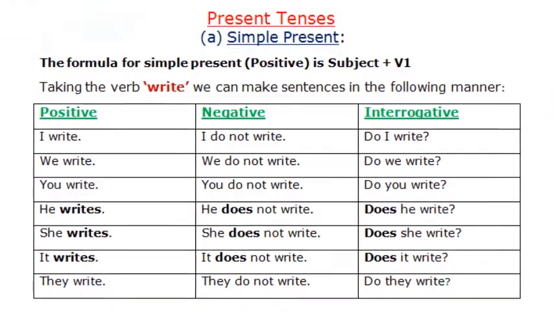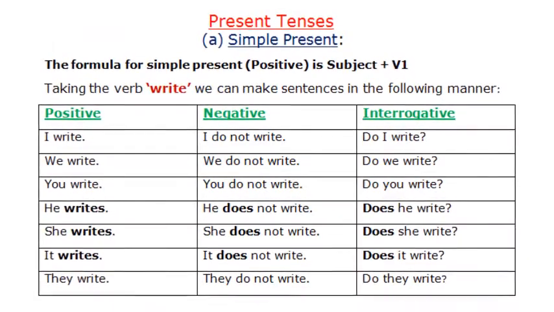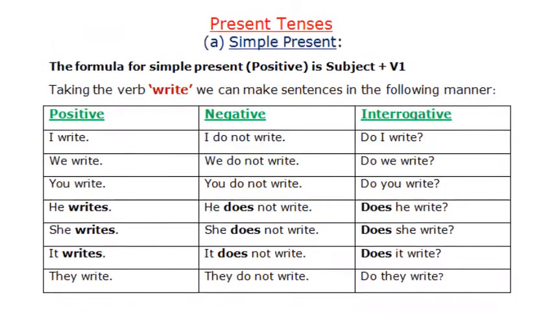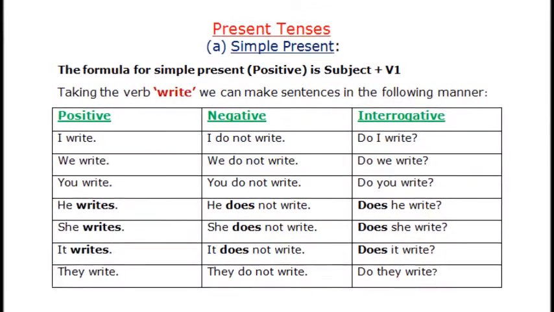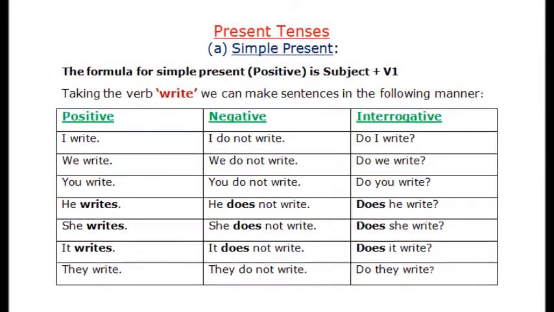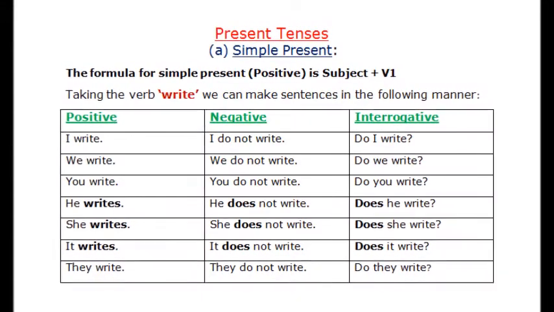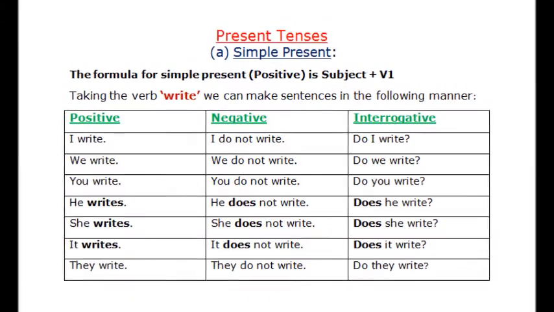Here we should note that when we see a positive sentence at third person singulars, for he, she, and it, we have added s to the main verb. He writes, she writes, it writes.